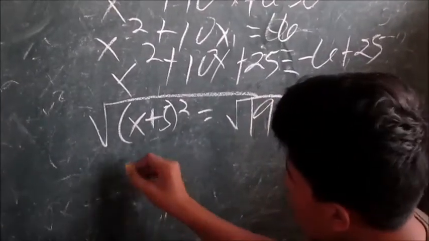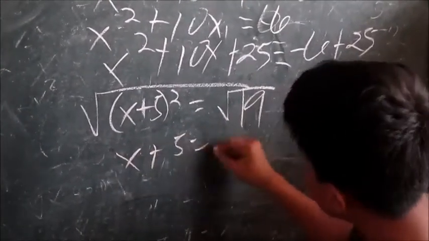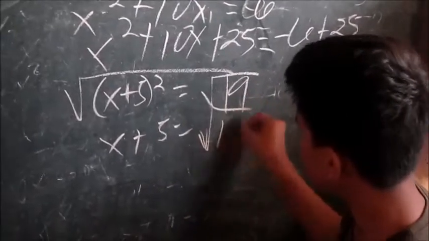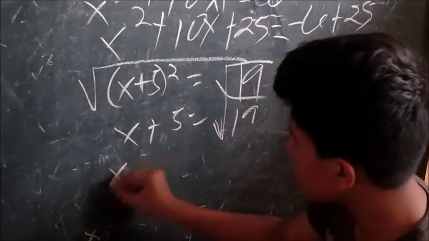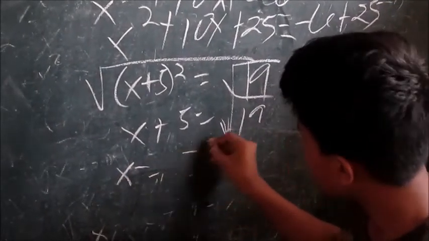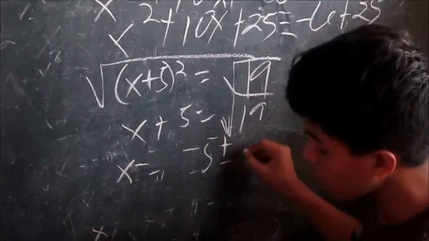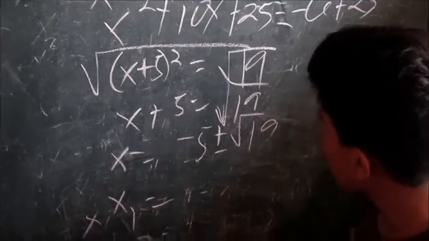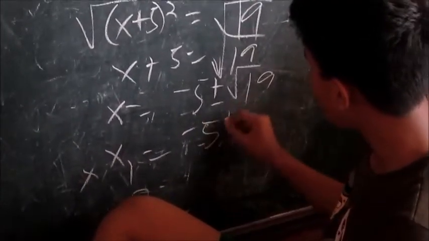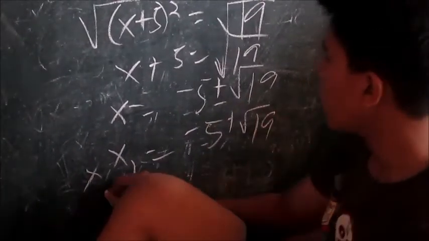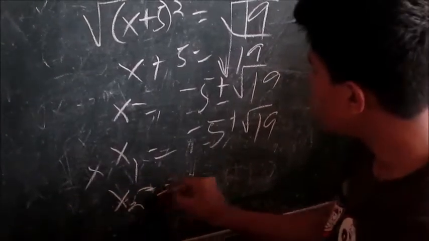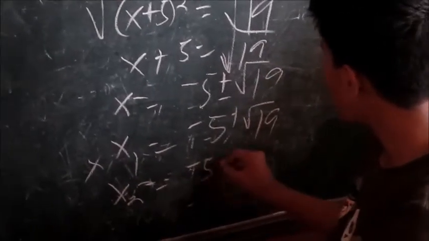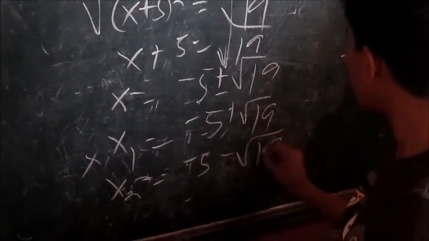So we have here x plus 5 equals square root of 19, and x equals negative 5 plus or minus the square root of 19. So here, x sub 1 equals negative 5 plus square root of 19, while x sub 2 equals negative 5 minus the square root of 19.